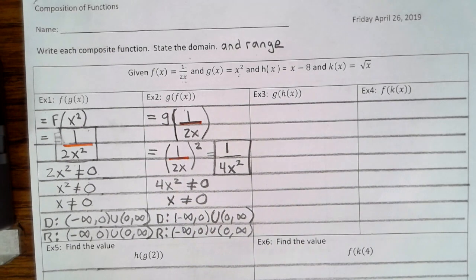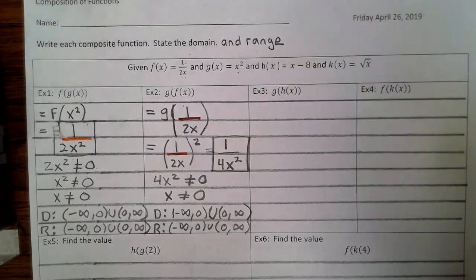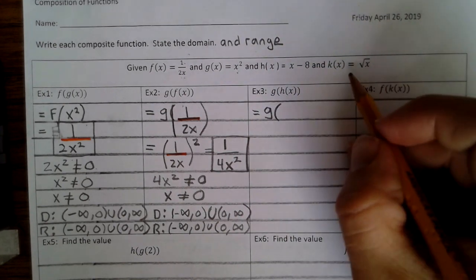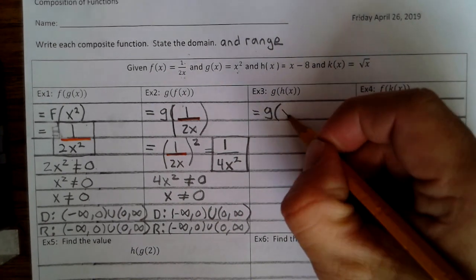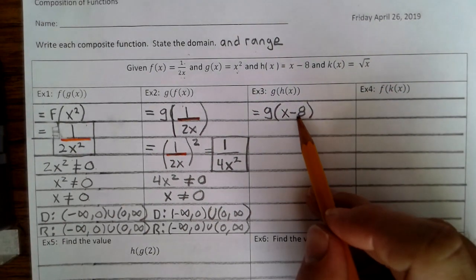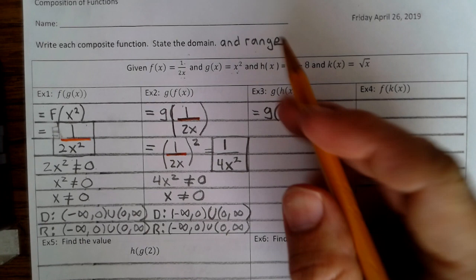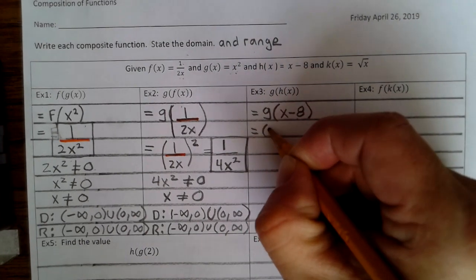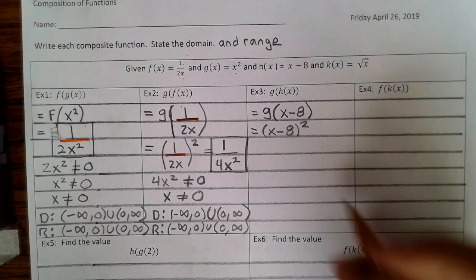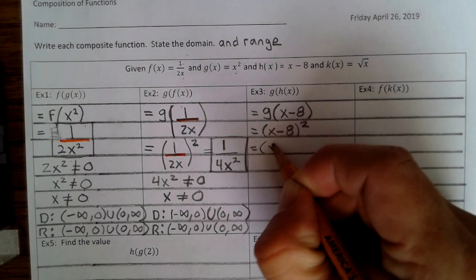All right, now let's take a look at example 3. Okay, so then that's g of h of x. So h of x is x minus 8. So we're going to substitute x minus 8 into g. So then that's x minus 8 squared, which is x minus 8 times x minus 8.